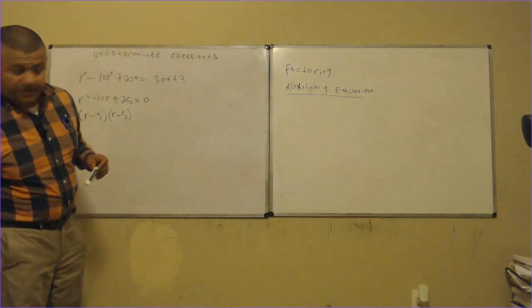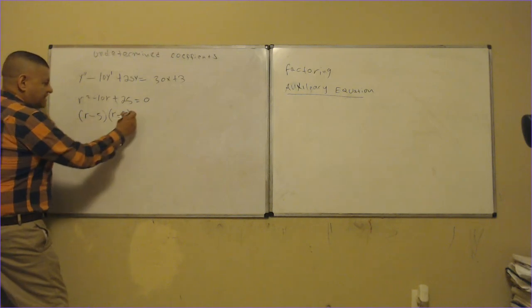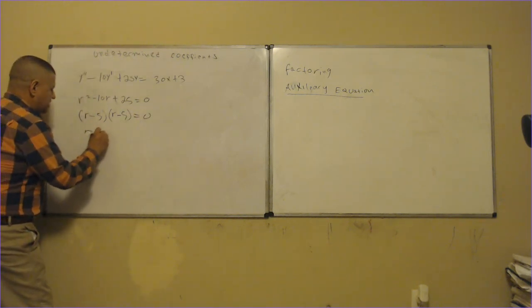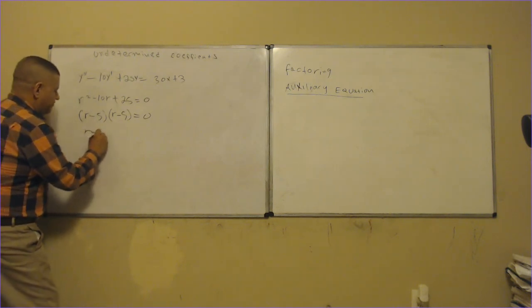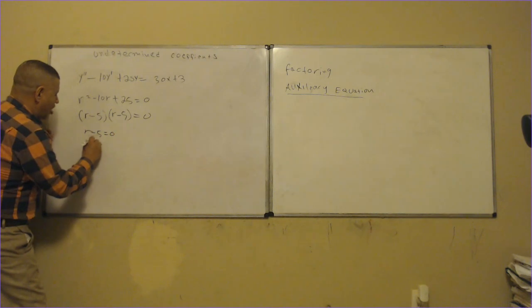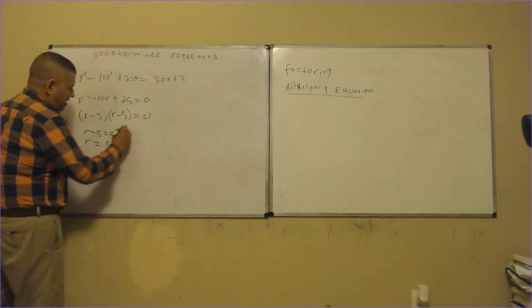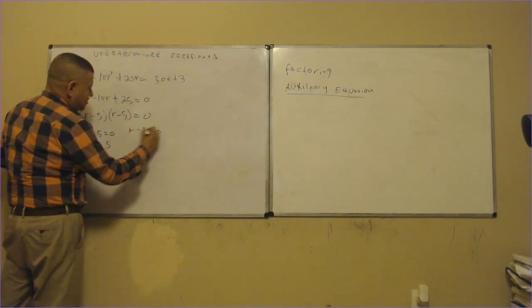So let's do it. Okay, so now let's solve for this. Let's make this equal to zero. When I solve for that, r is equal to, so do it step by step, r minus 5 equals 0.